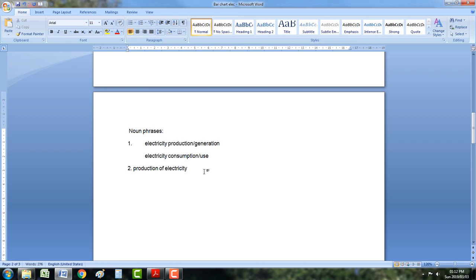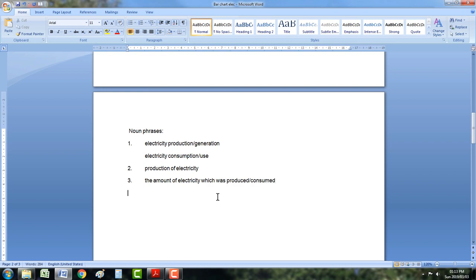Great. And noun phrase 3 is, electricity is an uncountable noun, so we say the amount. And then, do I say was or were? With uncountable, we say was. Alright, and that's our noun phrase 3.